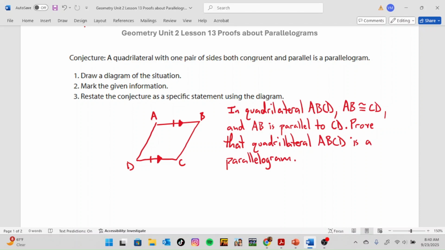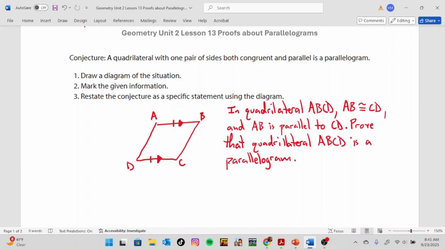They've asked us to take the generic conjecture that they had given us at the top, use that generic conjecture to draw a diagram with the information that they had given us, and then to use that diagram to rewrite that generic conjecture to now actually have very specific information, like the letter name of the quadrilateral, the letter names of the sides that are congruent, the letter names of the sides that are parallel.